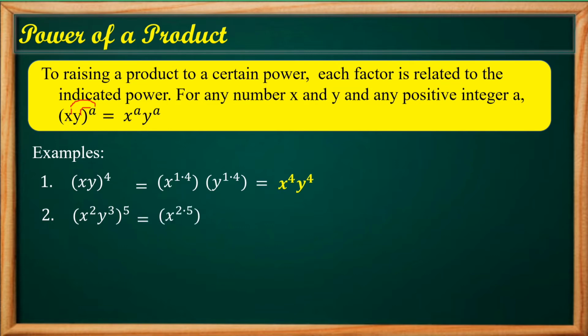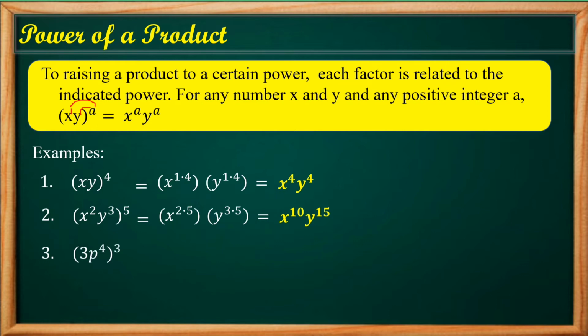The exponent of x is 2, multiplied by the outer exponent which is 5. Same with y, the inner exponent is 3 and the outer exponent is 5. Then you will have 2 times 5 is 10, then y, 3 times 5 is 15.